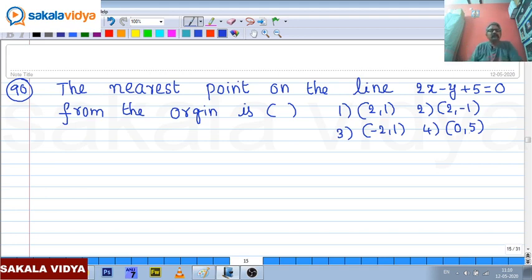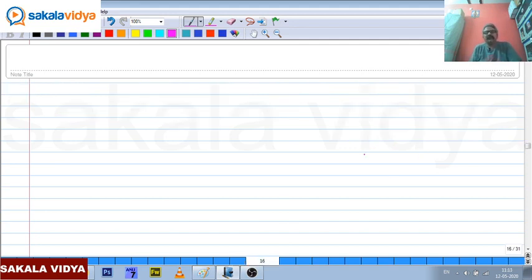So now, the nearest point on the line 2x minus y plus 5 is equal to 0 from the origin we need to find out. So first of all, see, this is the line. Suppose say line L is equal to 0. This is the origin (0, 0). The nearest point from (0, 0) on this line you need to find out.